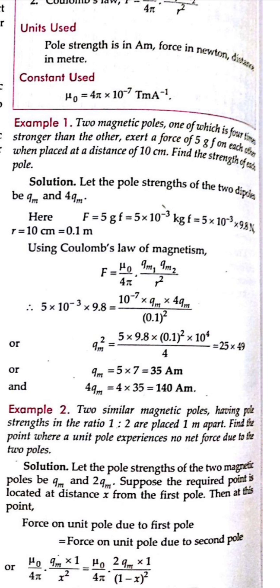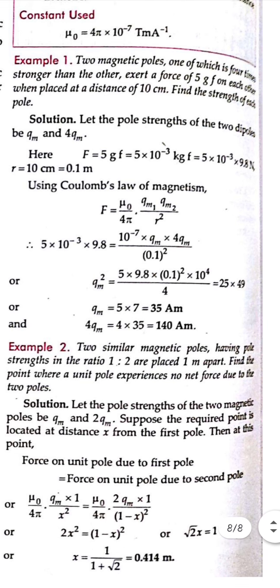Putting these values, and mu naught upon 4 pi as 10 to the power minus 7, one charge is 4 times the other, 4Qm, and for the radius it is 0.1 meter whole square. On solving this, we get Qm in ampere meter. This Am is used for the pole strength, and if we take the dipole moment, then L will multiply to it, so it will become ampere meter square.